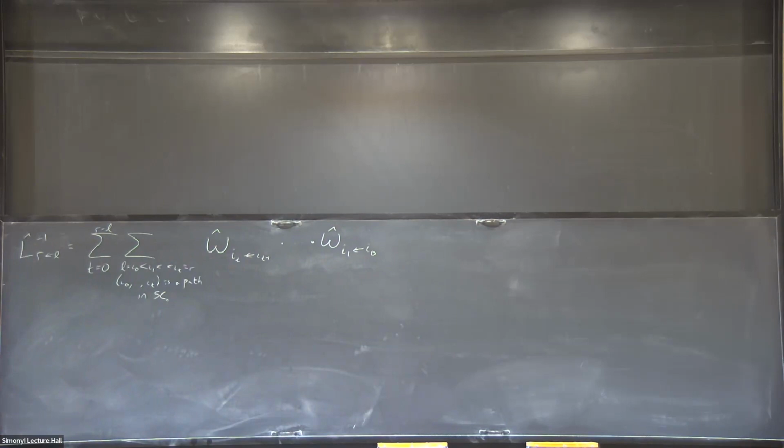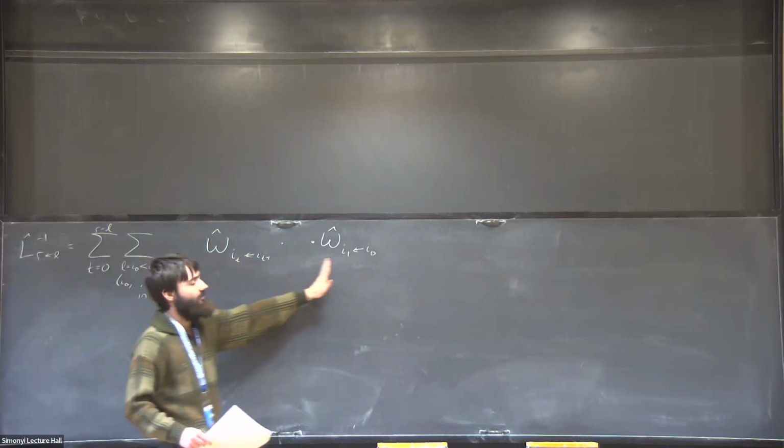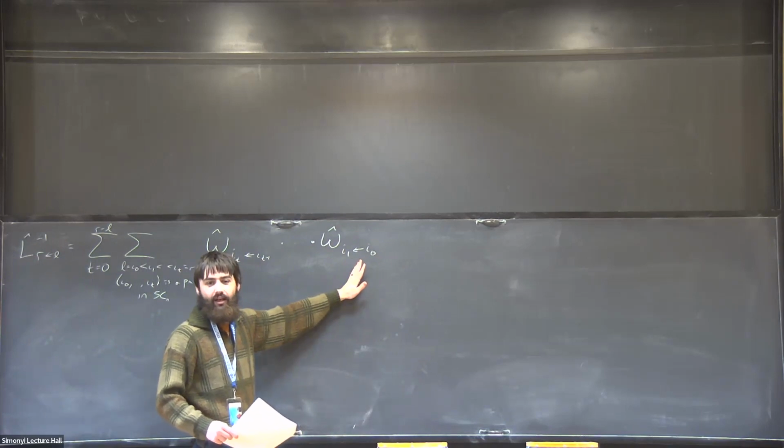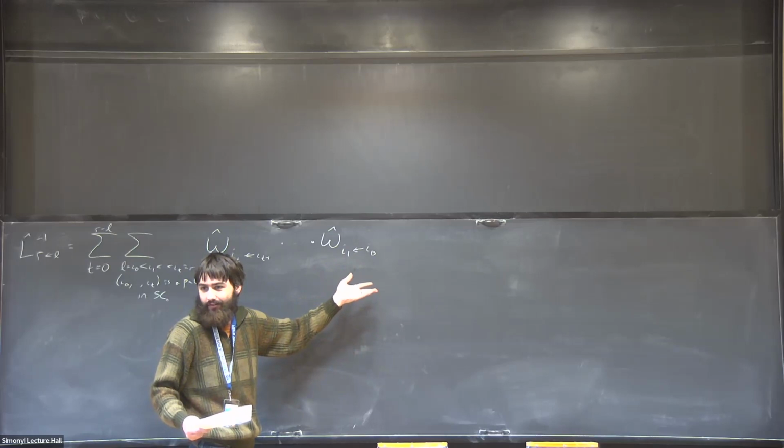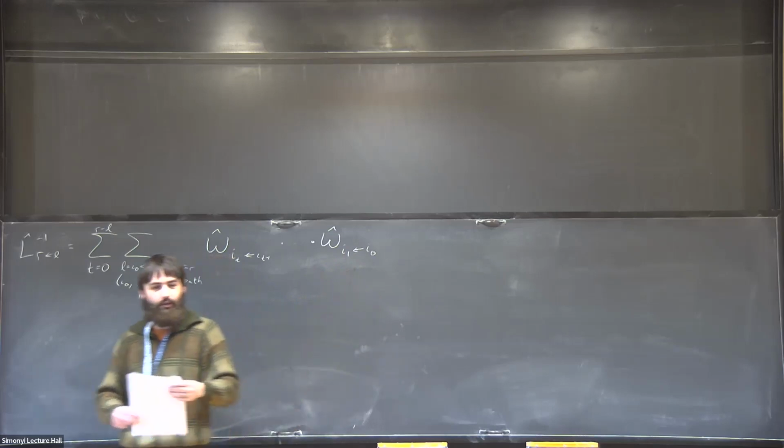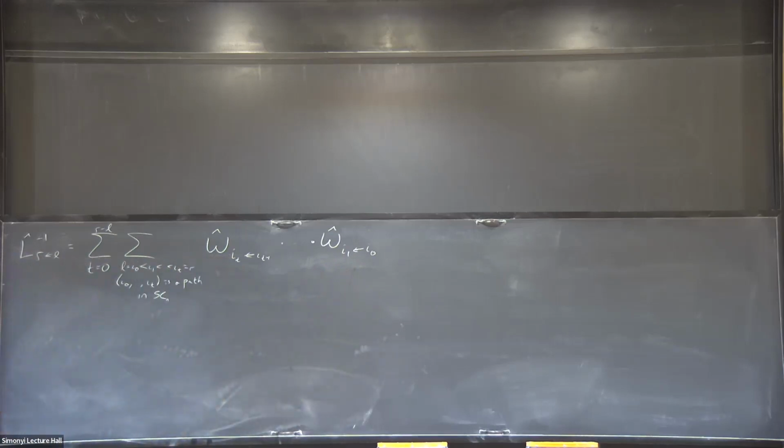Okay, so why are we making progress here? How is this helpful at all? Well, if we're summing over all paths and then multiplying along that path, that almost sounds like the inverse of a Laplacian matrix. An inverse of a Laplacian matrix tells you what are the probabilities of going from any vertex to any other vertex by any path you might take through this program.